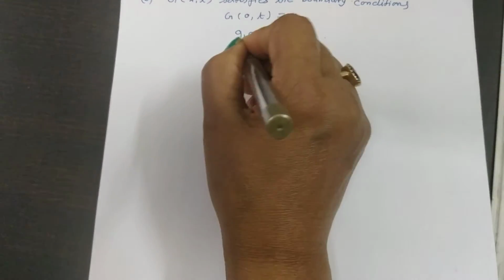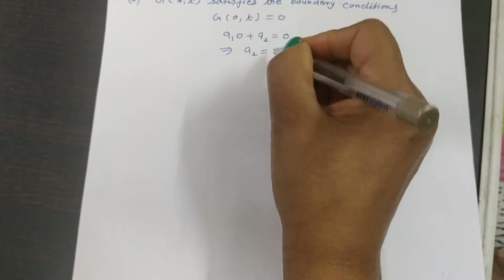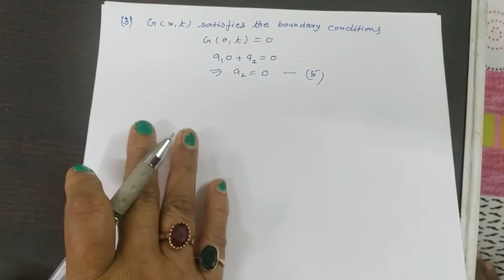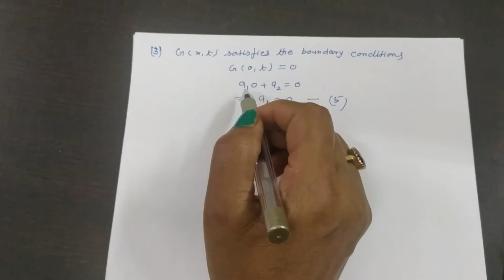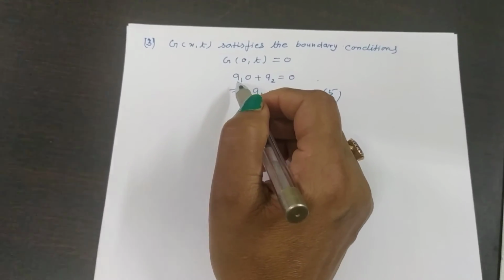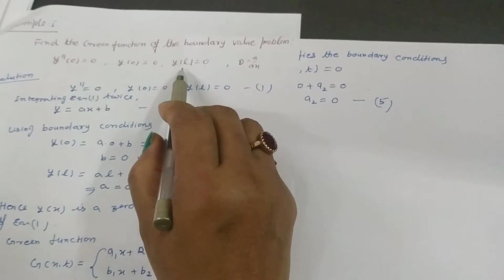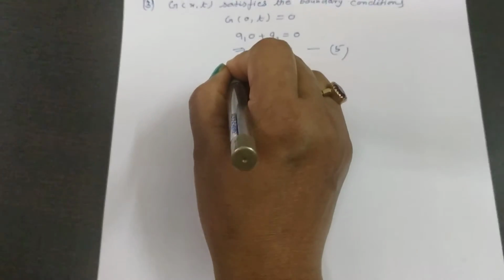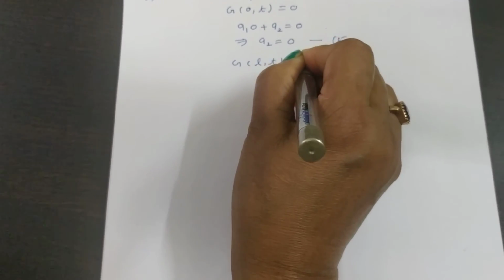This implies that a2 is equal to 0. Let us call it equation number 5. Now we have to find the next one. The next boundary condition in the problem is given as y(L) = 0, so we have defined this as g(L,t), and this is equal to 0.